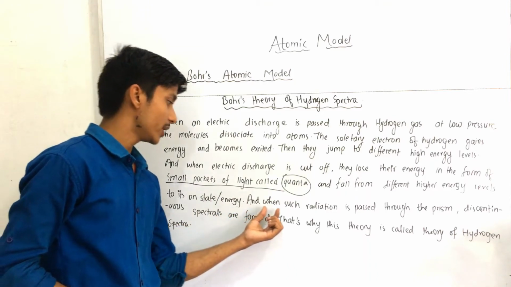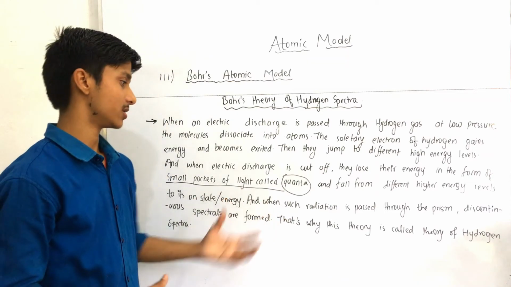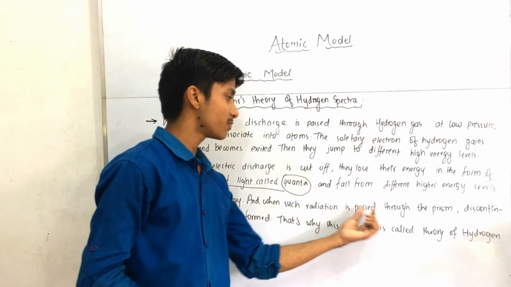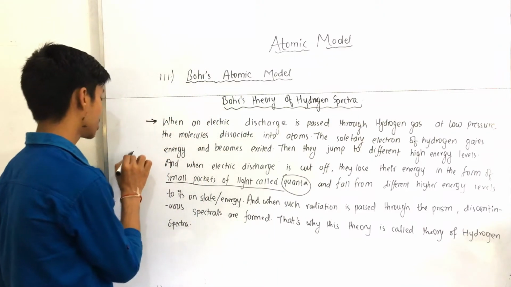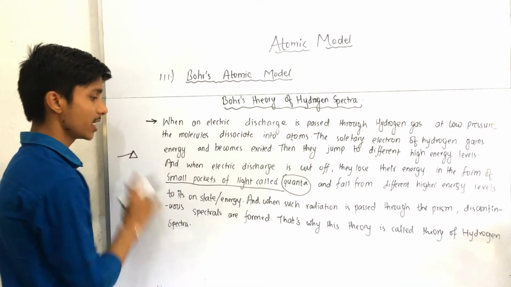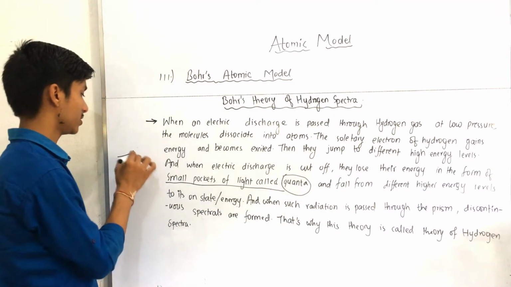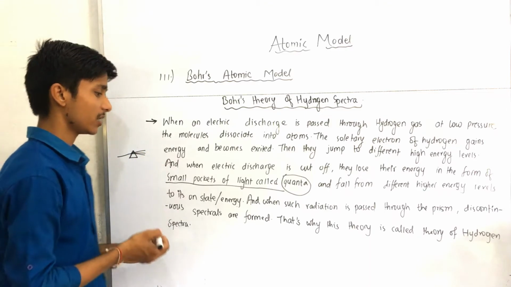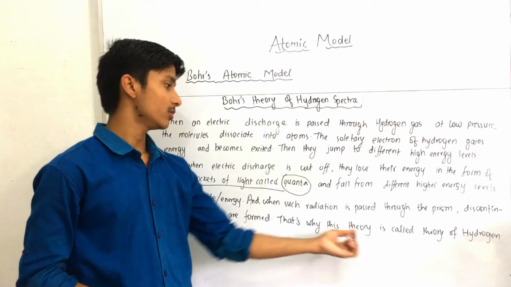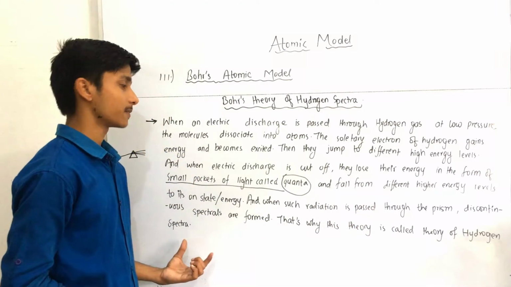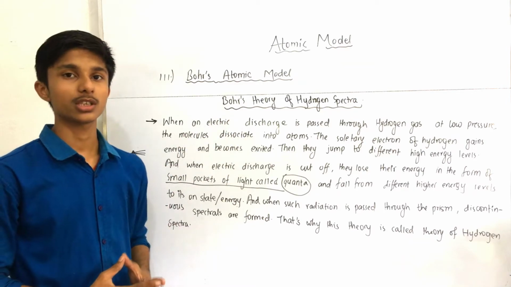And when such radiation is released and passed through a prism, what happens? Discontinuous spectral lines are formed. That is why this theory is called the theory of hydrogen spectra. So this is the explanation of Bohr's theory of hydrogen spectra.